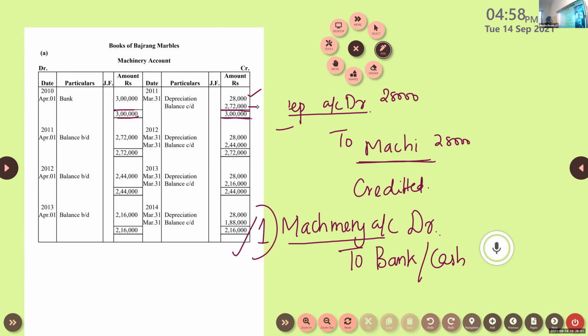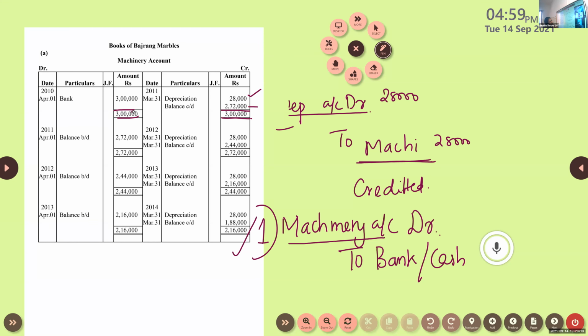So this means that machinery was purchased for 3 lakh. By the end of first year, what is the value of machinery? When you sell it, or if you have planned to sell it, you will not get this 3 lakh. You will get only 2,72,000.